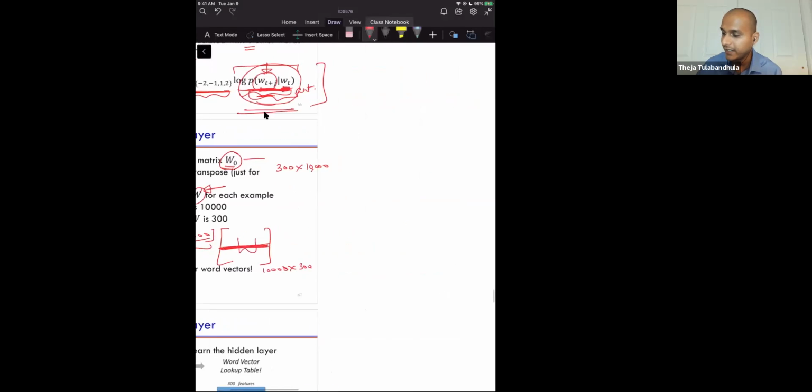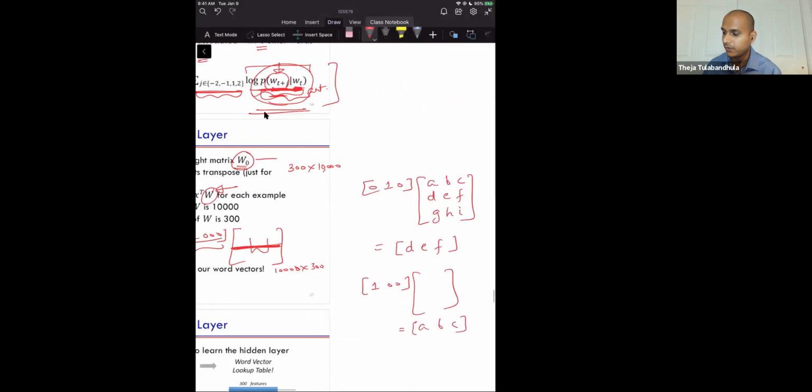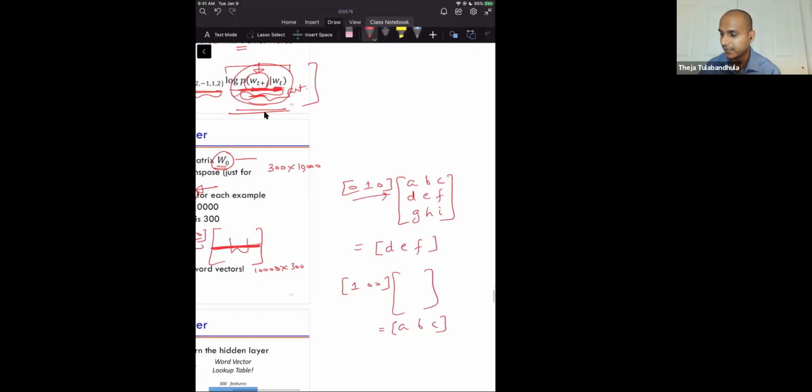Just to understand, if you have a vector 0, 1, 0, and I have a matrix with rows A, B, C, D, E, F, then the output is going to be D, E, F. And if the input was 1, 0, 0 times the same matrix, the output is going to be A, B, C. Is that fine? You can see that the output is going to be this.